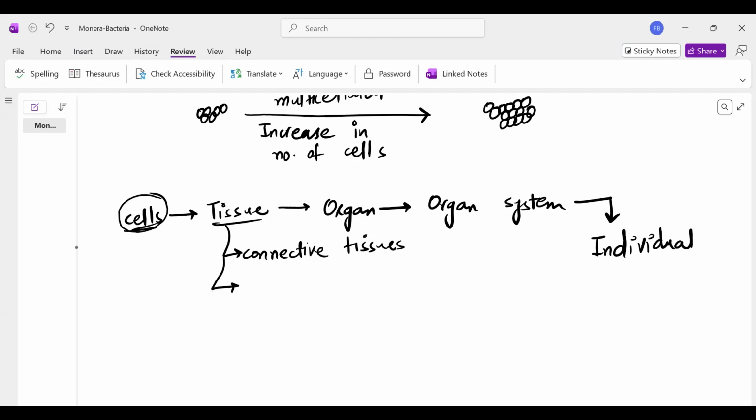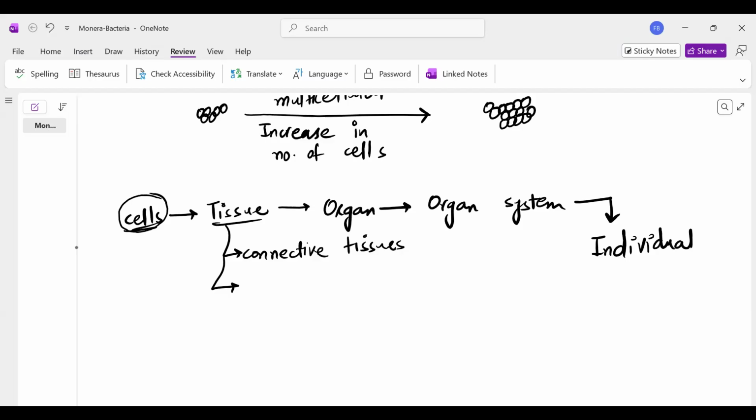There are compact ones, depending on the region where they are present in the body and what they are doing in our body. Okay, like you have nervous tissues in the nerves, right? There are muscular tissues in the muscles, and there are connective tissues.